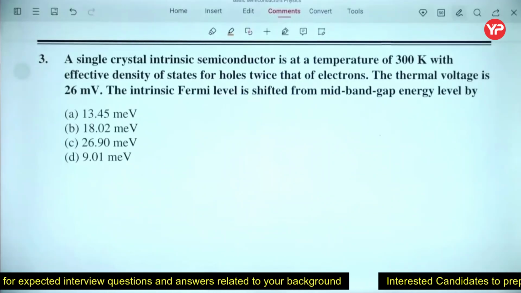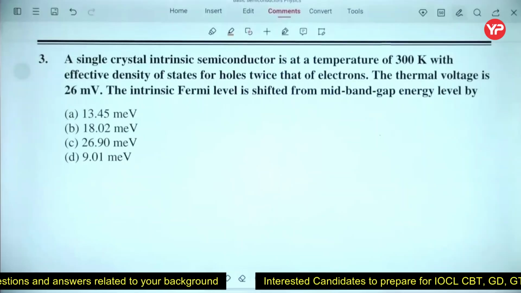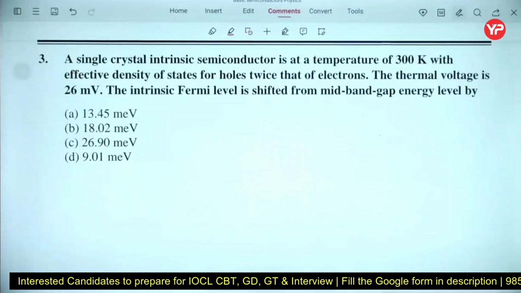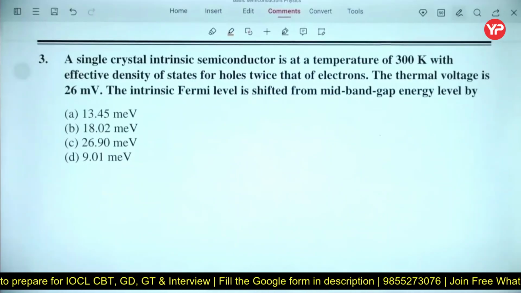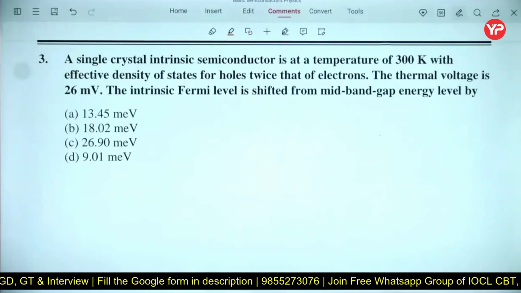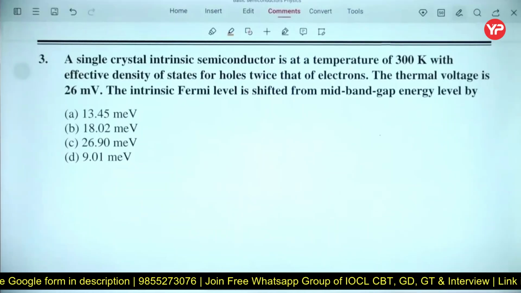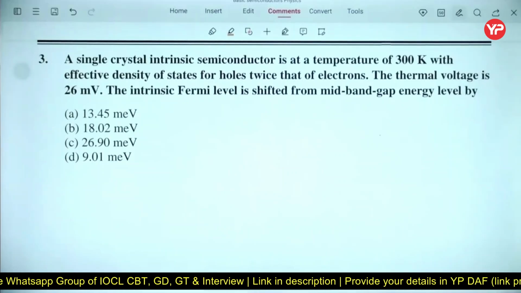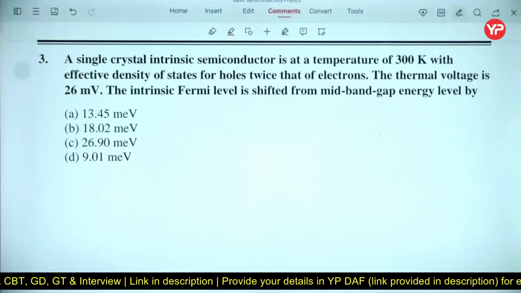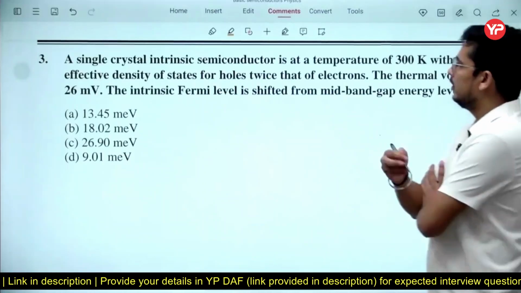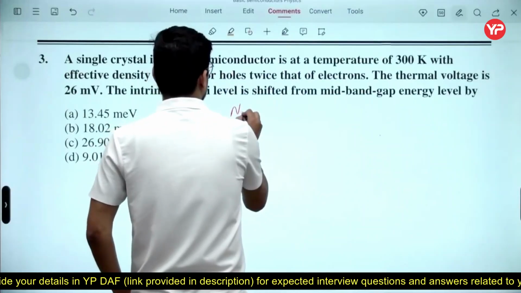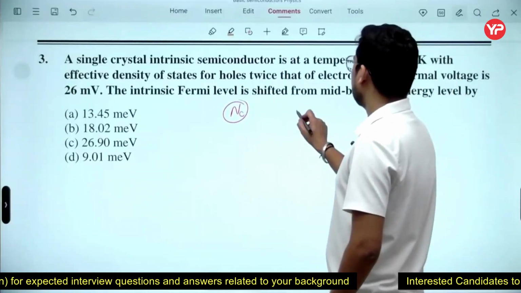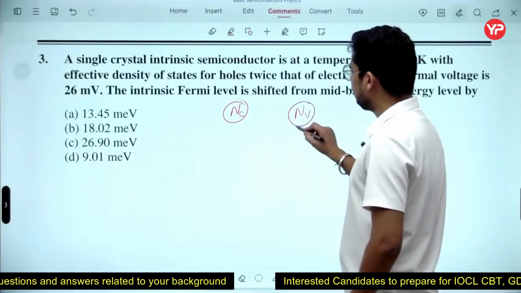So if you are going for NC, it is the effective density of electrons, and the effective density of holes is NV.